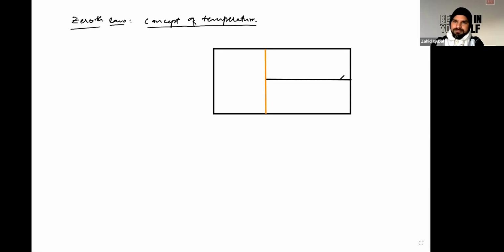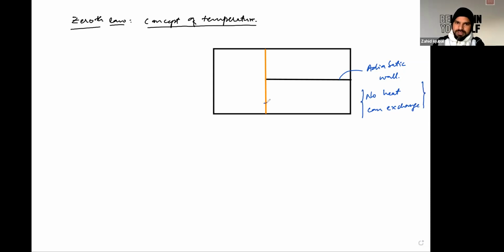This particular wall is called an adiabatic wall, which has the ability to restrict any flow of heat through it. So you will say no heat can be exchanged through this wall.